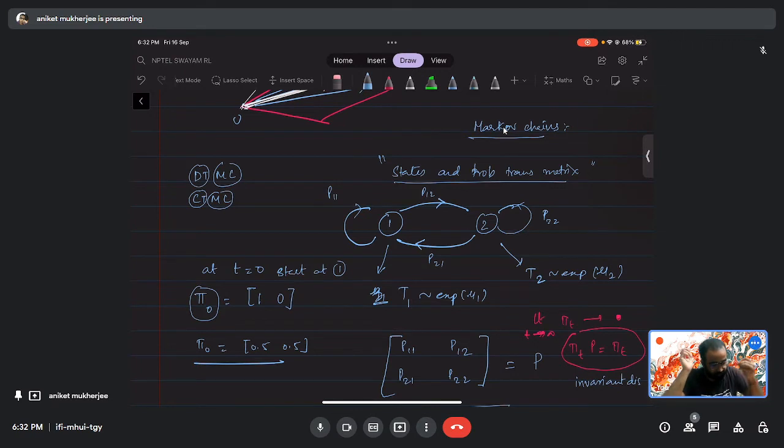There is a whole theory on Markov chains being irreducible or reducible, and ergodic, which says that not all Markov chains have a steady state distribution, and not all Markov chains have unique invariant distributions.